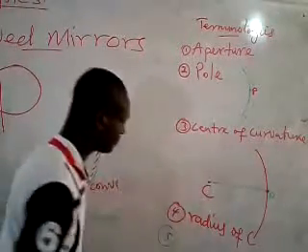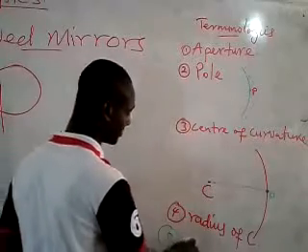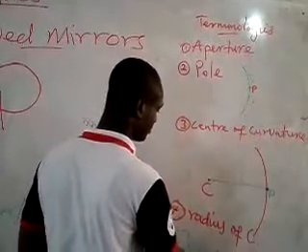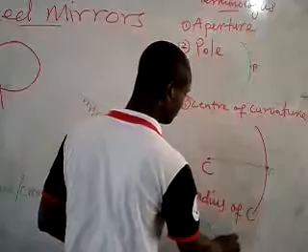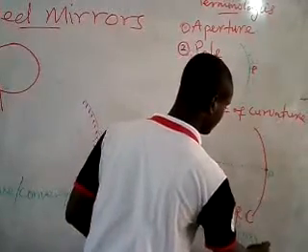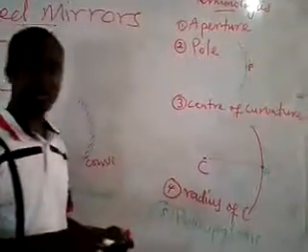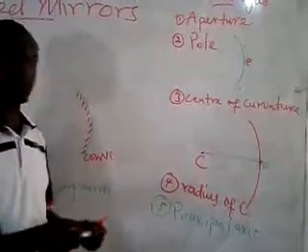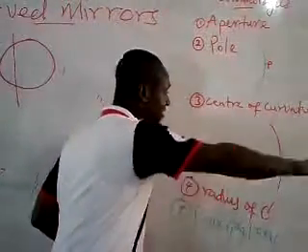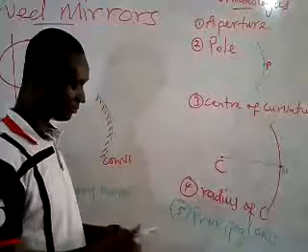5. Principal axis. Principal axis is a straight line drawn through the center of curvature and the pole.